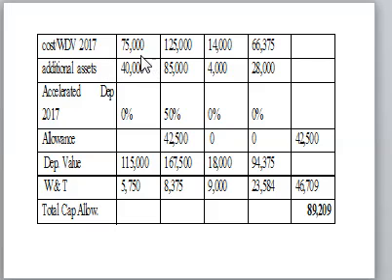So additional assets here, we have the building, which is 40 million, machine 85, two computers 2 million each, that is 4 million, and two motor vehicles at 14 million each, we get 28. Now when you come to investment allowance, remember we calculate investment allowance on the new additional asset. We don't calculate on the previous asset.